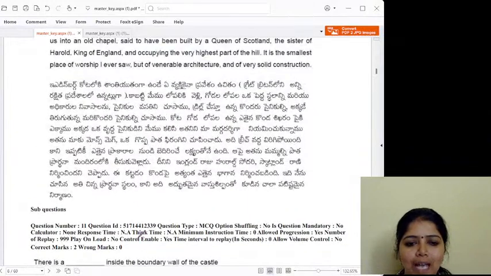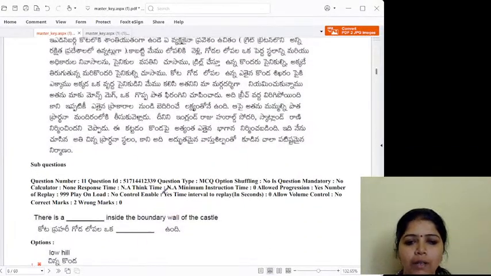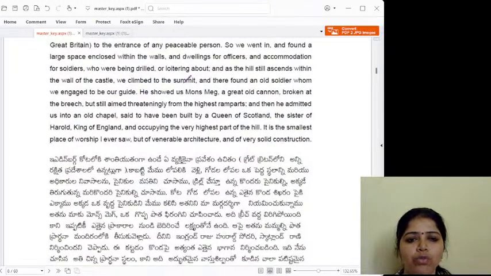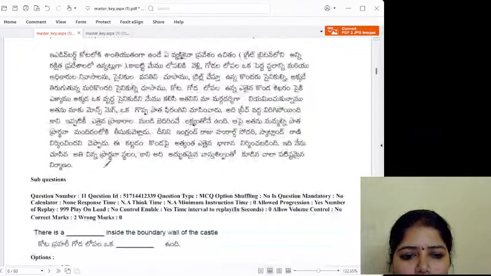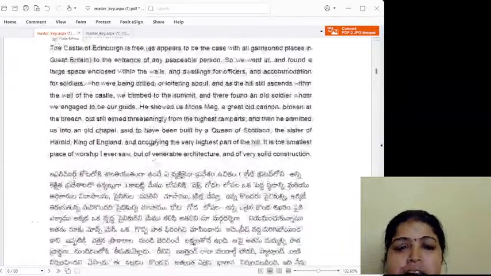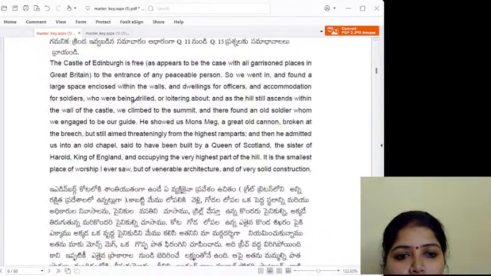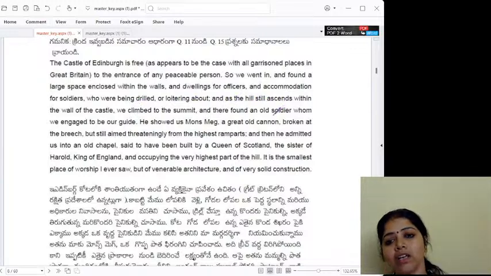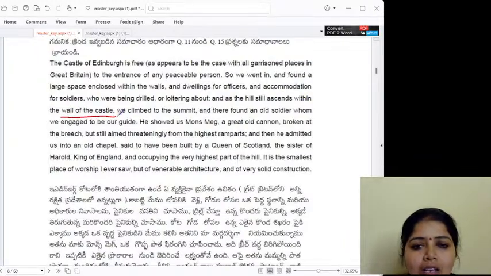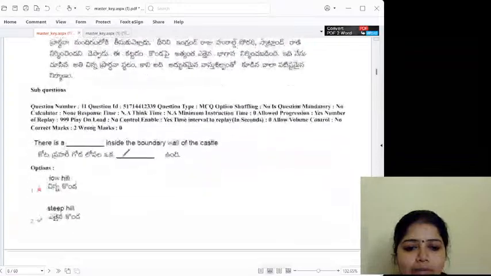There is a dash inside a boundary wall of a castle. Whenever we read, what we have to do, we have to go to that word where that word is there. Inside a boundary wall, the accommodation being drilled, loitering about, and as the hill still ascends, it still ascends means it is just going on, ascends within the wall of the castle, we climbed to a summit.